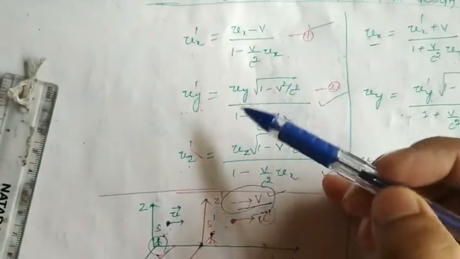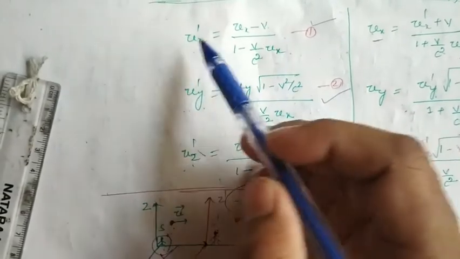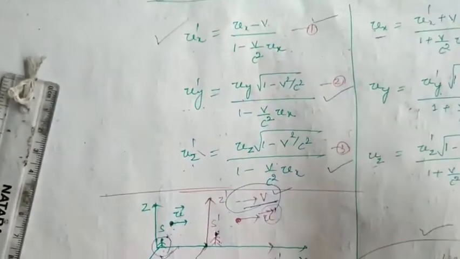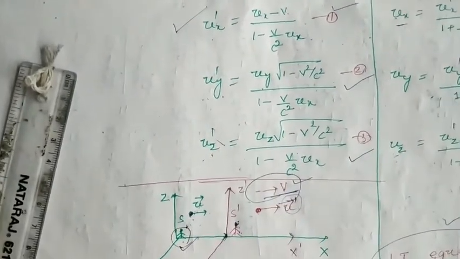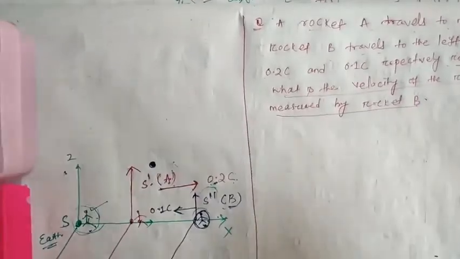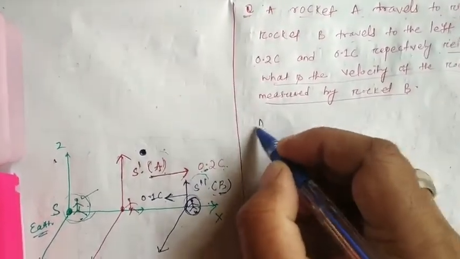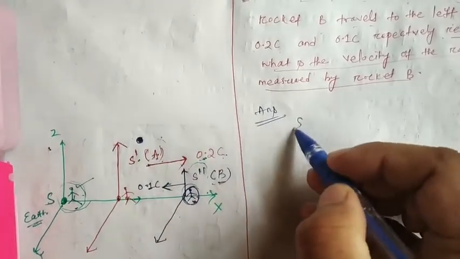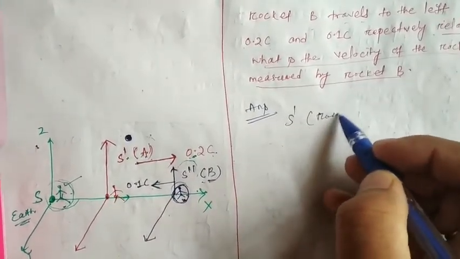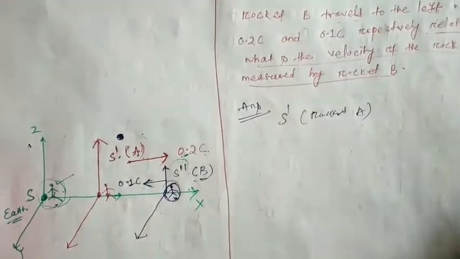So now we are going to use the velocity addition formula, that is your ux dash. Here we have considered S dash frame or rocket A as the particle.